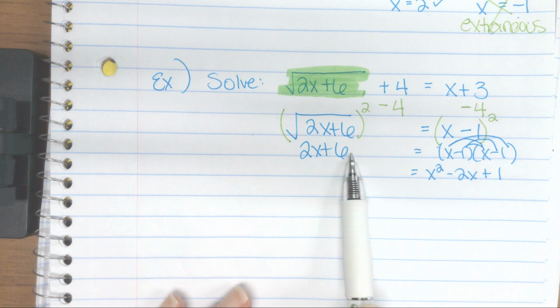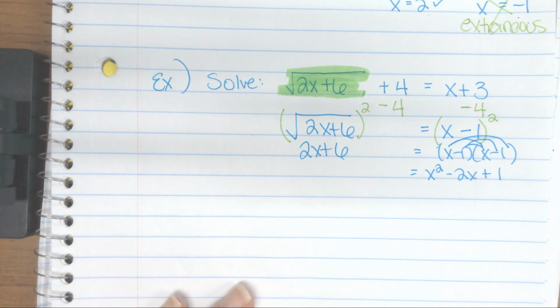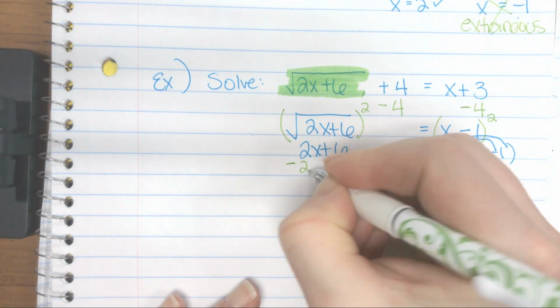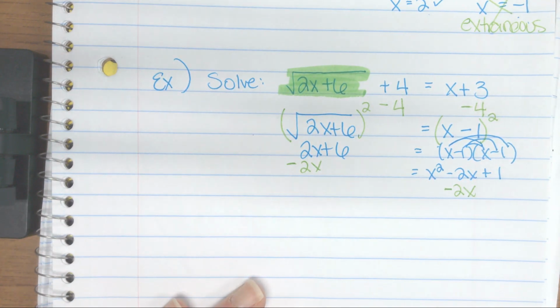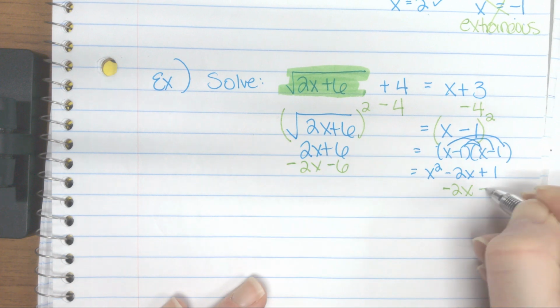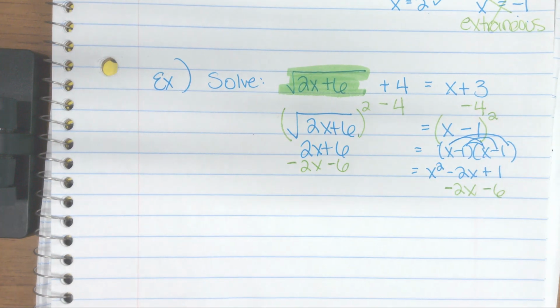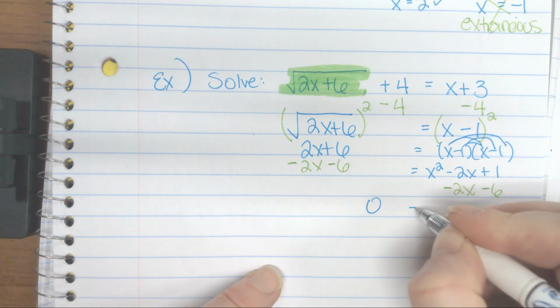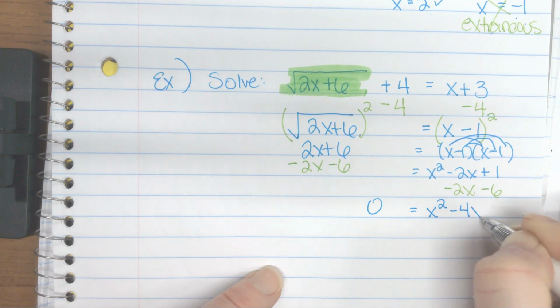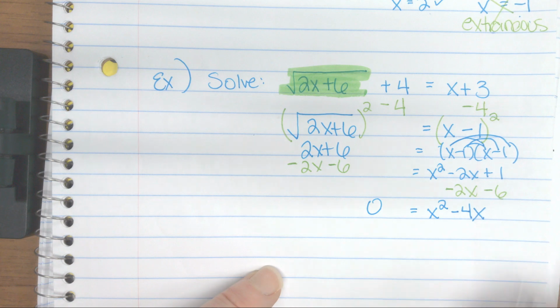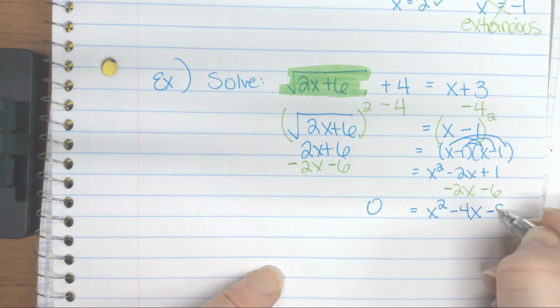I need to get a 0 on this side. So I am going to subtract the 2x off of both sides. And I'm going to subtract the 6 off of both sides. And that leaves me with 0 equals x squared minus 4x minus 5.